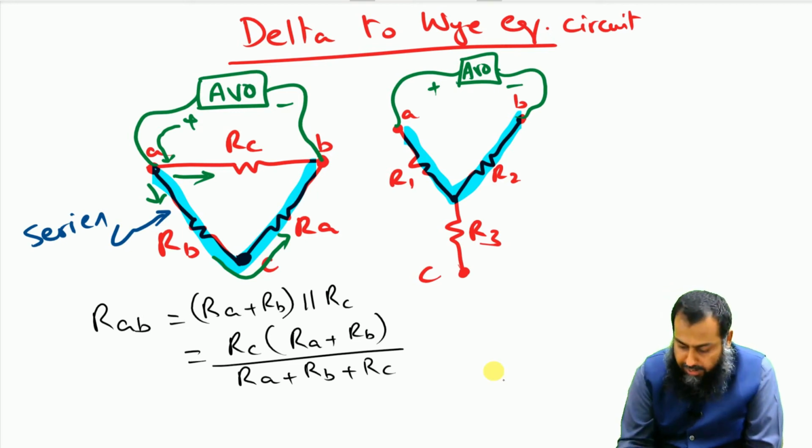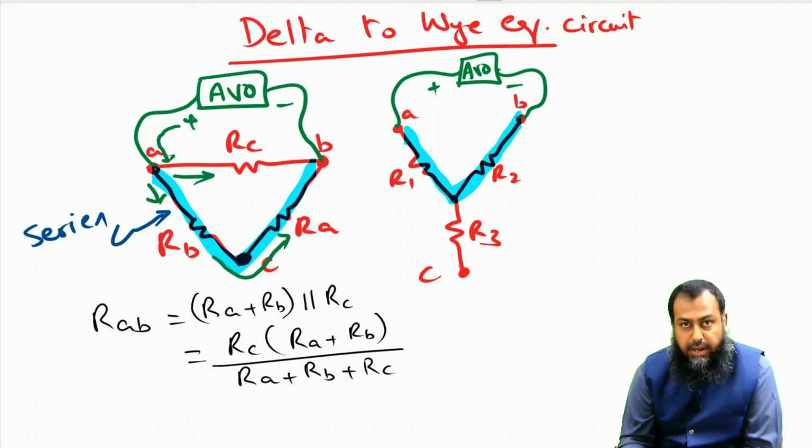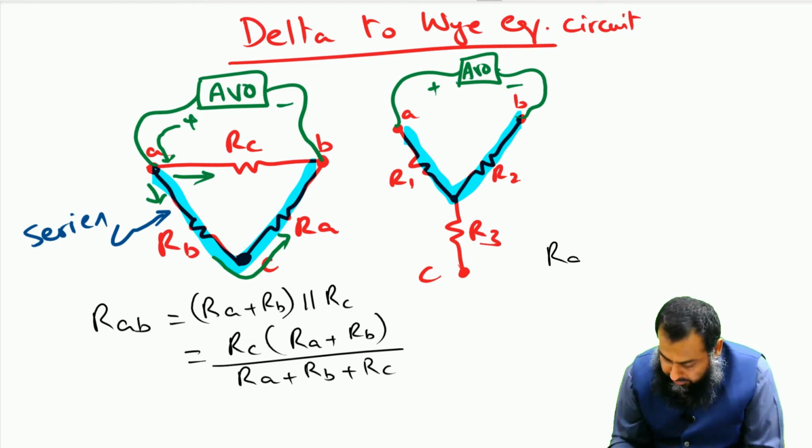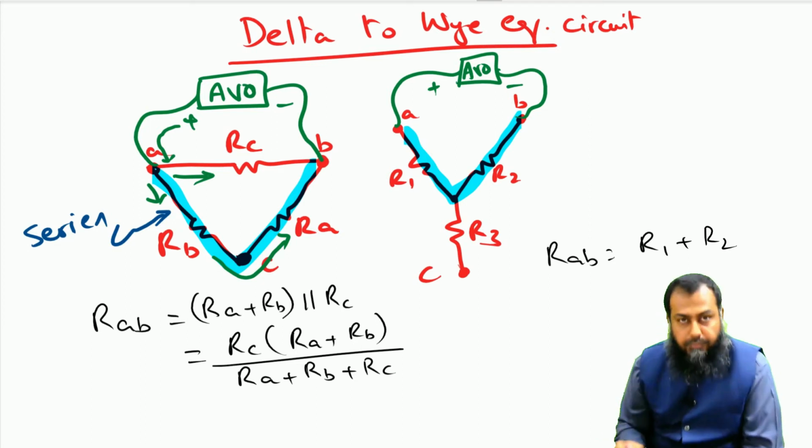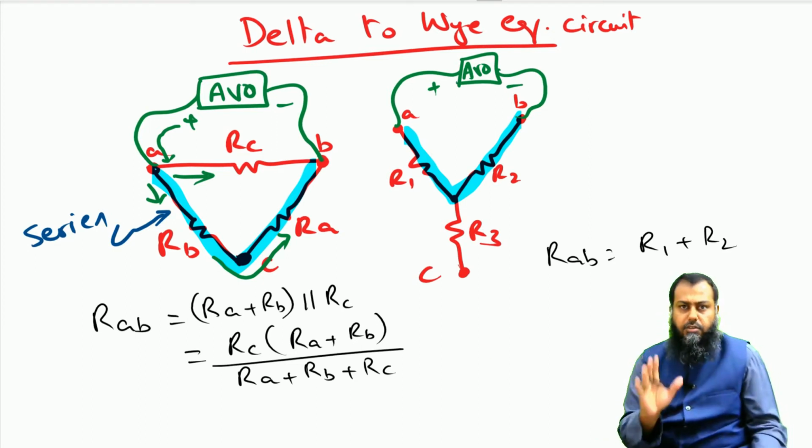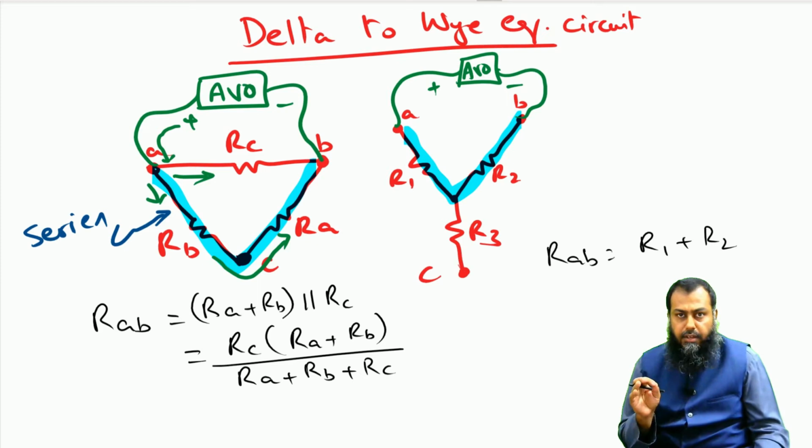So, if we apply the same avometer across a Y network, then the equivalent resistance across the terminals A and B, RAB, is equal to simply the sum of the resistances R1 plus R2, right. So, this is the basic concept of conversion of the network from a delta to a Y conversion, right.